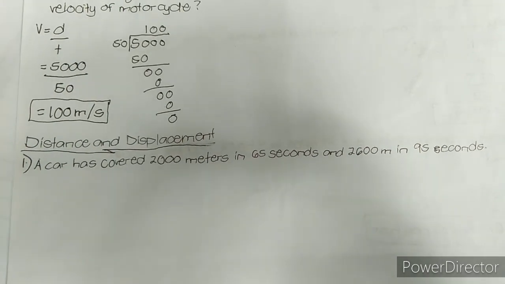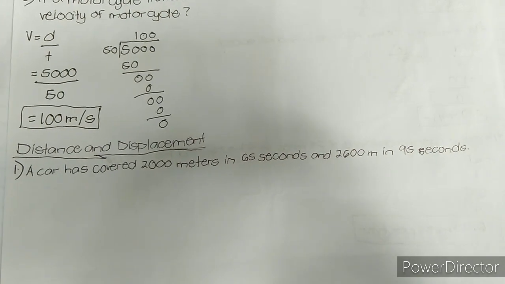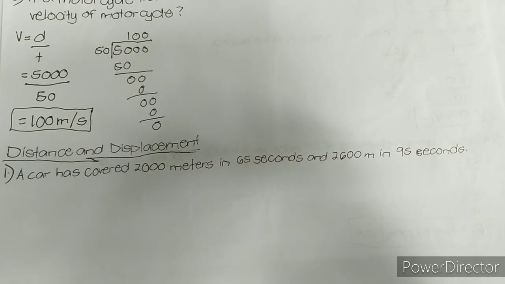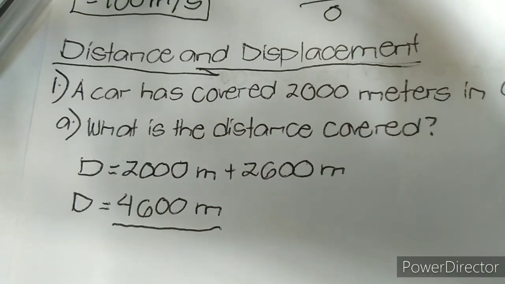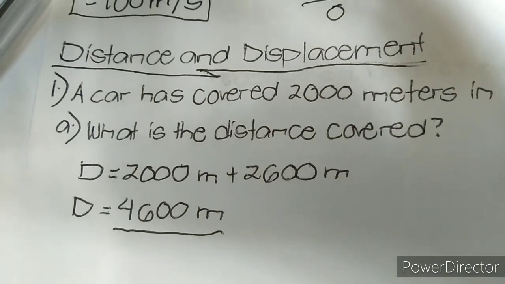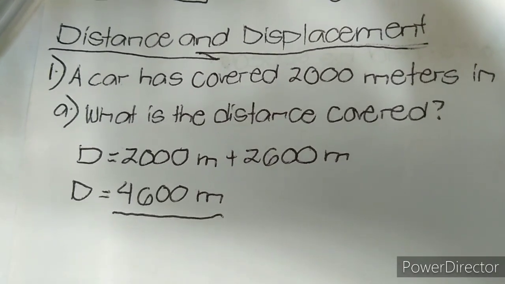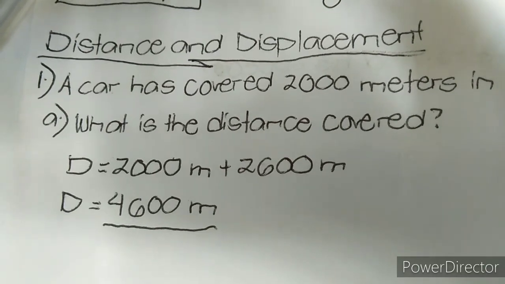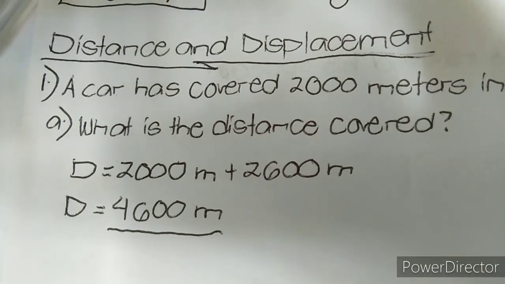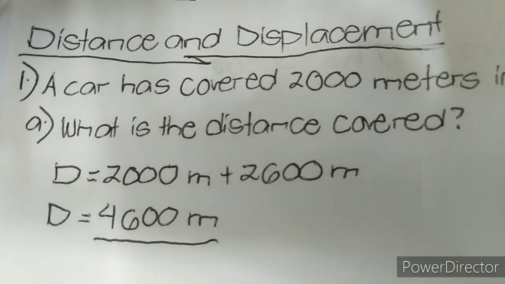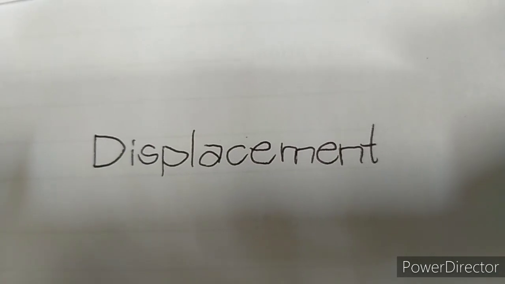A car has covered 2,000 meters in 65 seconds and 2,600 meters in 95 seconds. First question. What is the distance covered? Distance equals 2,000 meters plus 2,600 meters. Distance total 4,600 meters.